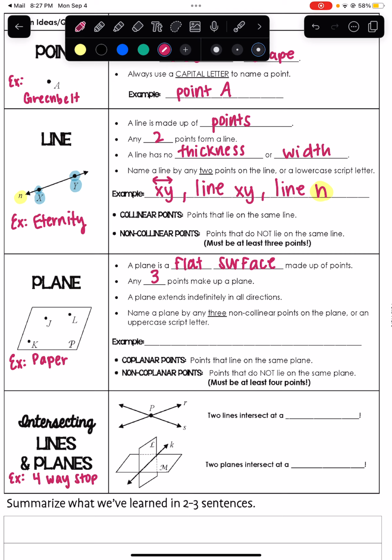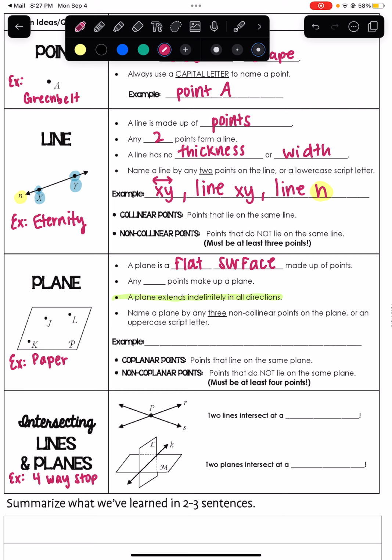A plane extends indefinitely in all directions. So what this specific bullet point means is that it goes in all directions forever and ever and ever, if that makes sense. So indefinitely means there's no end.